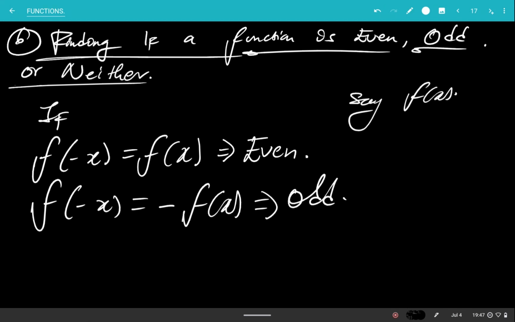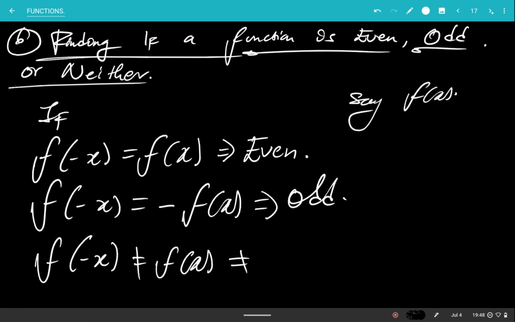You can also say that since these are the same conditions as in the first place, if f of negative x is not equal to the first condition, f of x, and it's not equal to the second condition, which is negative of f of x, then I'll say that this function is neither.